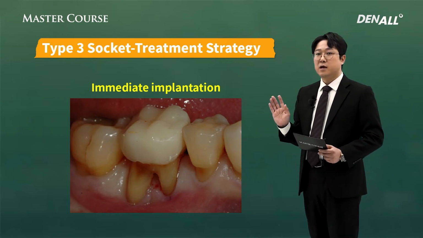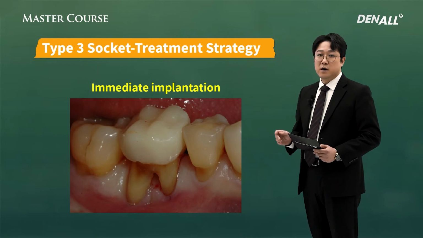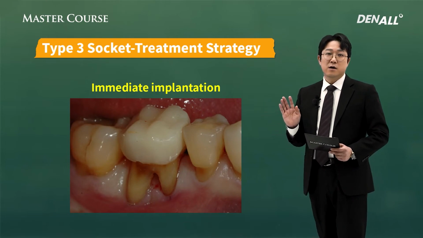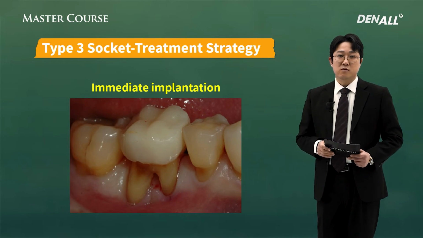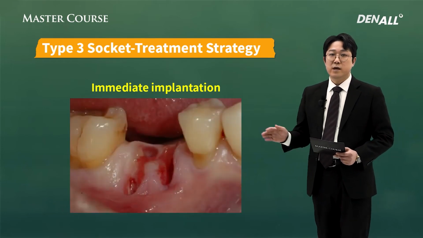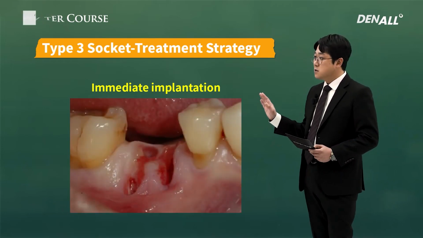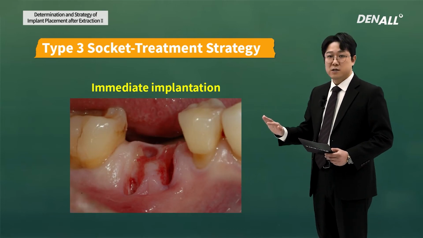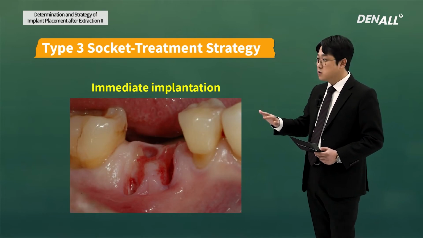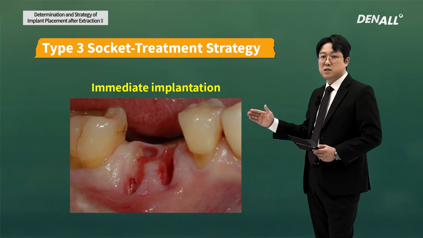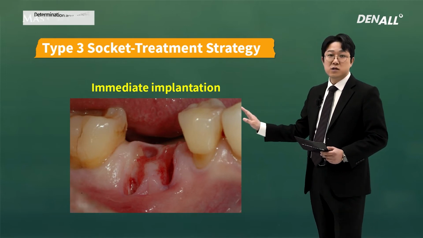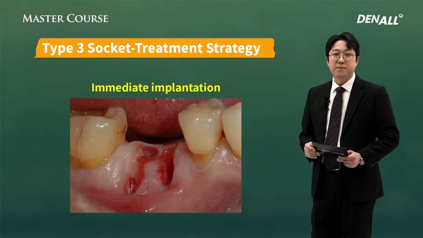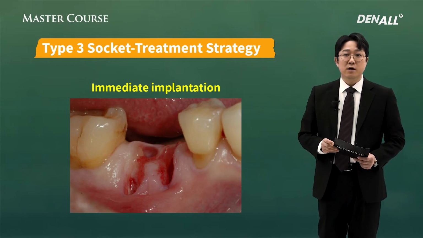The reason I chose immediate implantation is because on the X-ray image, alveolar bone resorption is not very severe, and if you look after extraction buccally, there's gingival resorption buccally, but in the area where alveolar bone was resorbed, epithelialized granulation tissue exists.